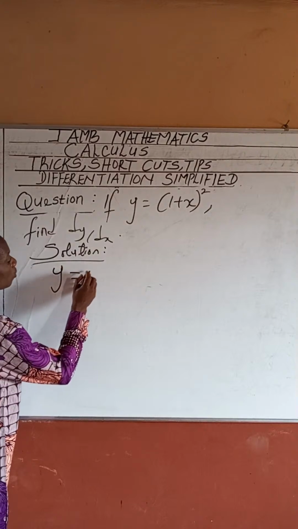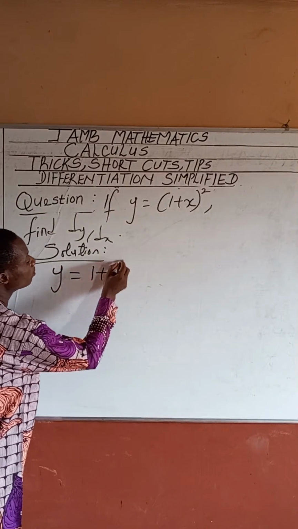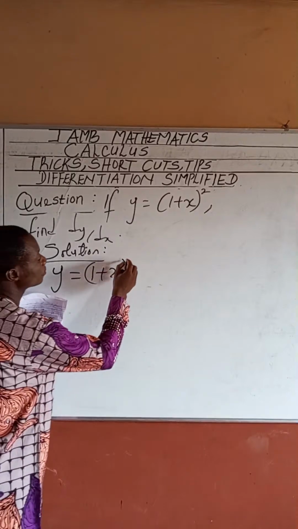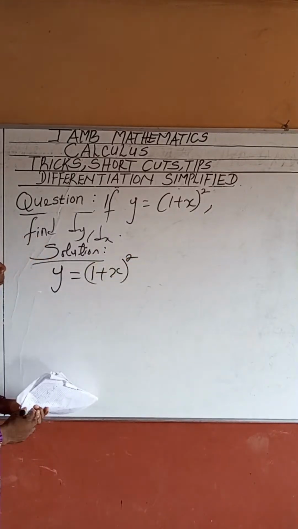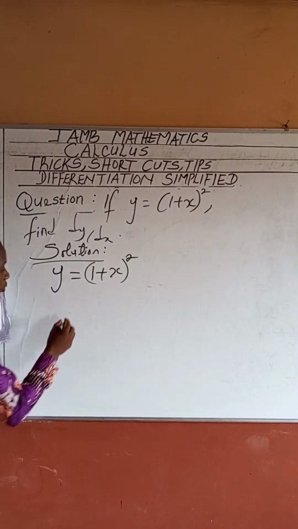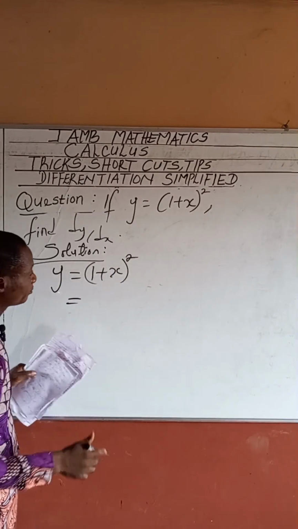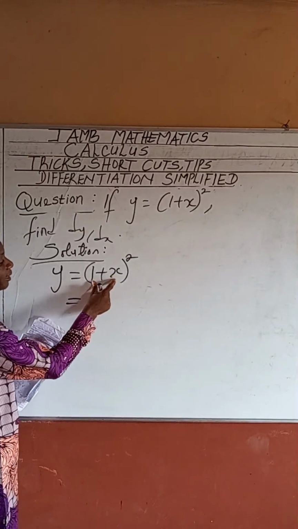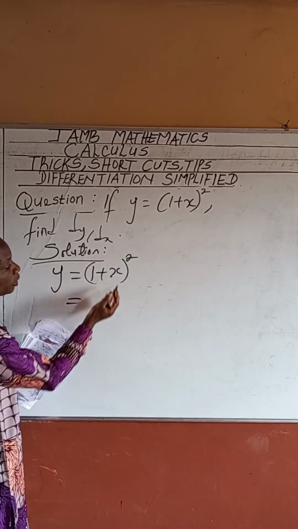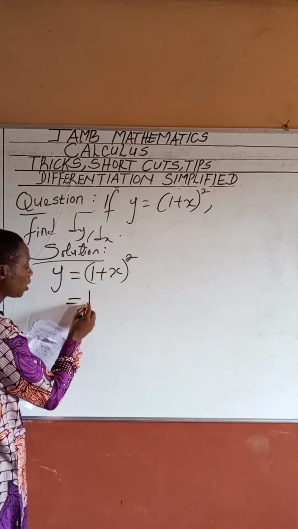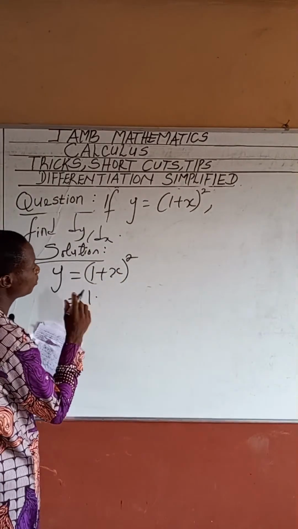This is y equals (1 plus x) squared, right? Now, the shortest way: some persons will expand before differentiating, but there's no need for that. Differentiate what is inside. Differentiating 1 is 0. Differentiating x is 1. That is 1.